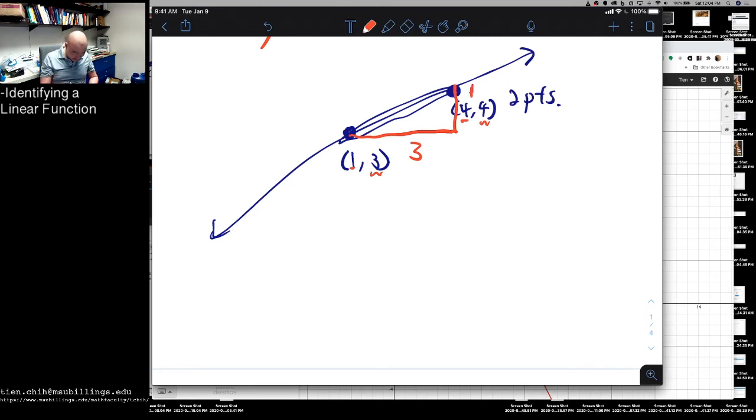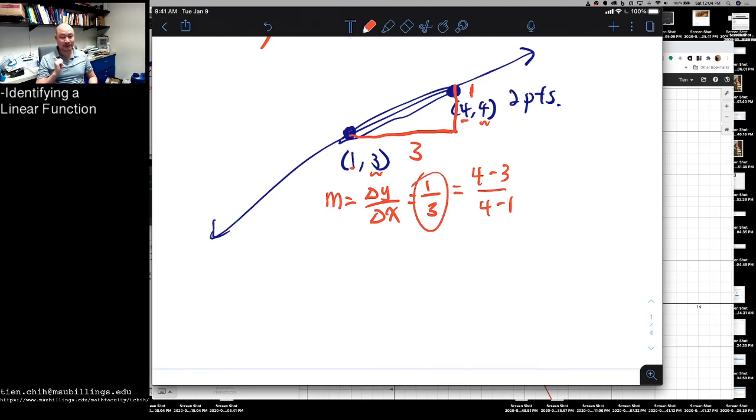So the slope for this function is m, which is delta y over delta x, is 1/3, right? You can more formally write it out as (4 minus 3) over (4 minus 1). That's where 1 and 3 come from, right? But we worked it out up here already. So 1/3 is our slope.